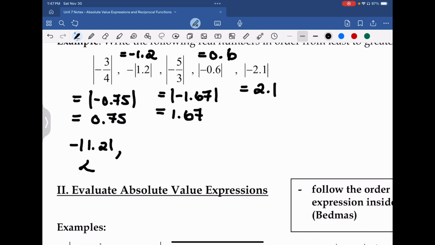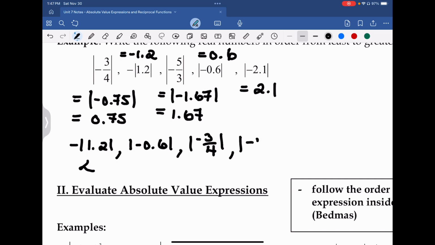Now what we're going to do is go to our next value. Well, we scan the row here and we see 0.6 is the next one. So absolute of negative 0.6. Put a vertical bar. Our next one would be, I believe, the 0.75, just looking at our list here. So we're going to go absolute of negative 3 over 4. Then we're going to go to our next one, which in this case is 1.67.